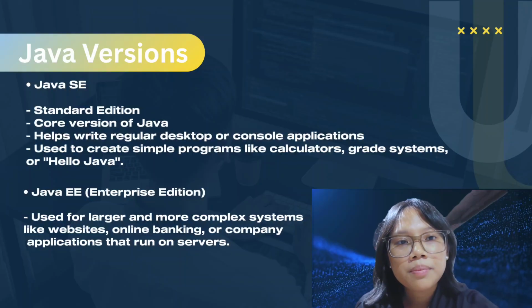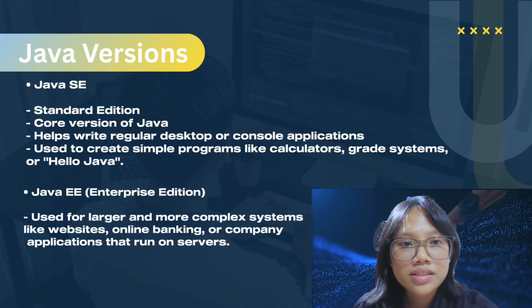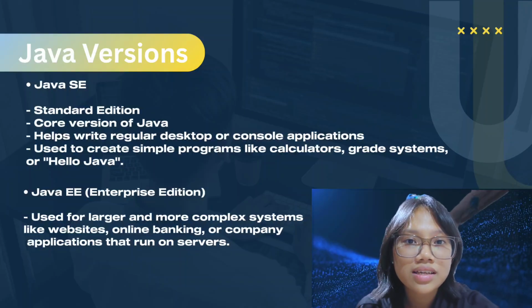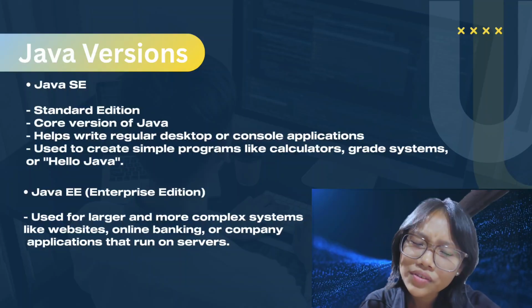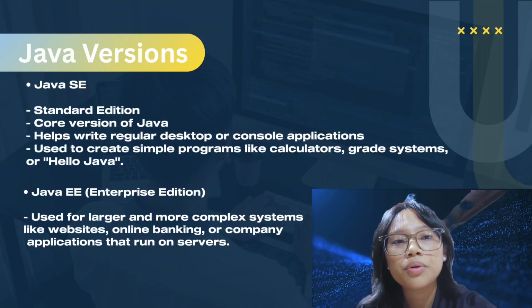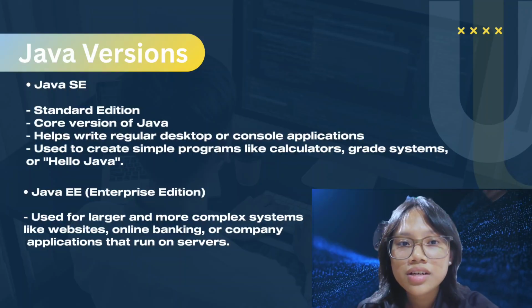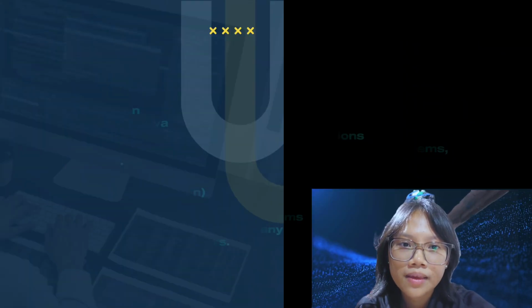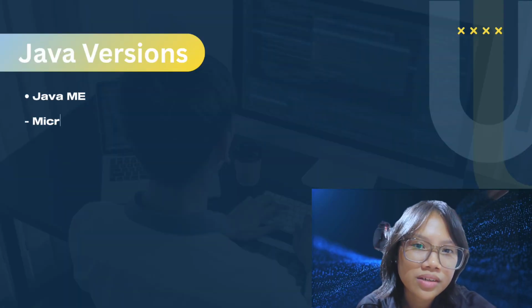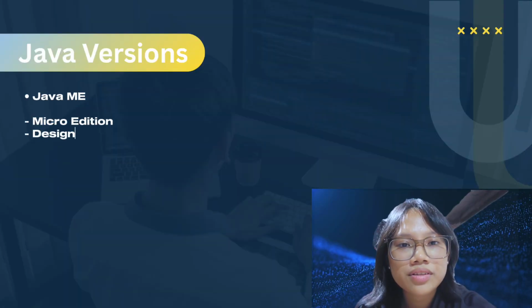For example, many online shops or company systems use Java EE to handle thousands of users at once. So, if you dream of becoming a web developer or back-end engineer, Java EE is something you'll want to learn later on.